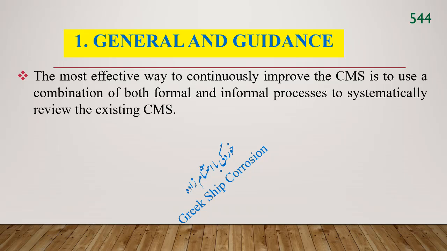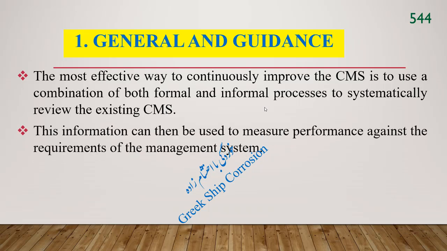The most effective way to continuously improve the CMS is to use a combination of both formal and informal processes to systematically review the existing CMS. This information can then be used to measure performance against the requirements of the management system.